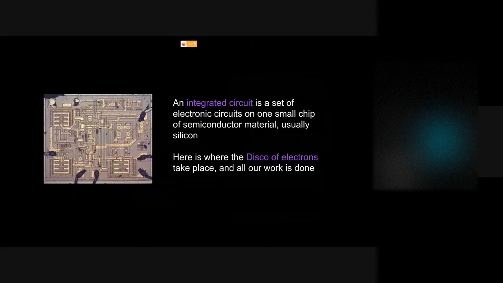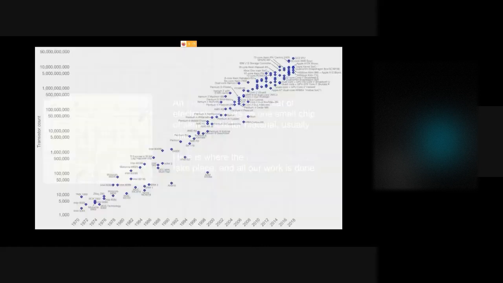Everything that we do is understood as a disco of electrons, if you want to imagine it like that. Electricity flowing and not flowing in some places means different things to the computer and to us as humans. And because of that, we can write stuff in our Word documents, we can play video games, and everything that we do on our computers.